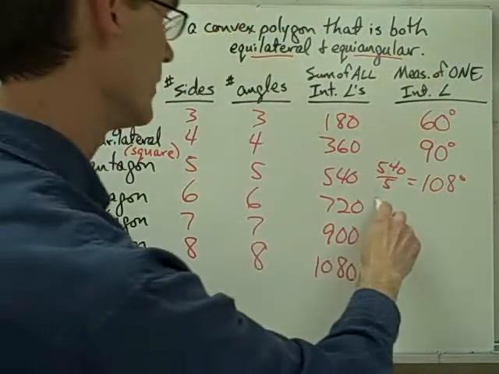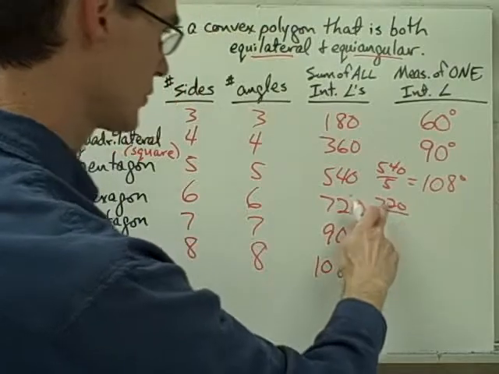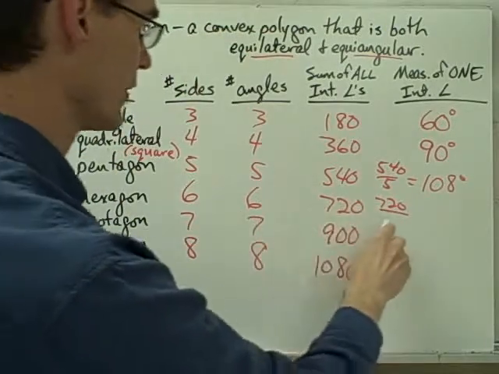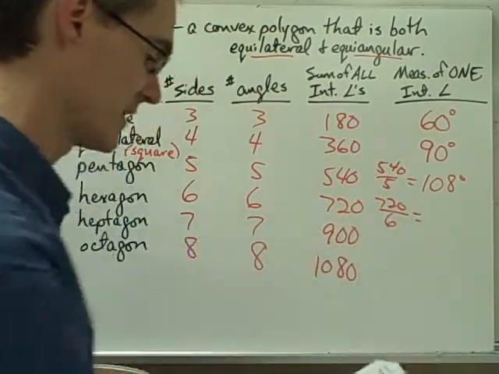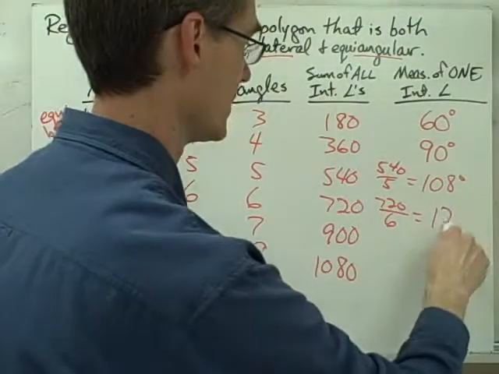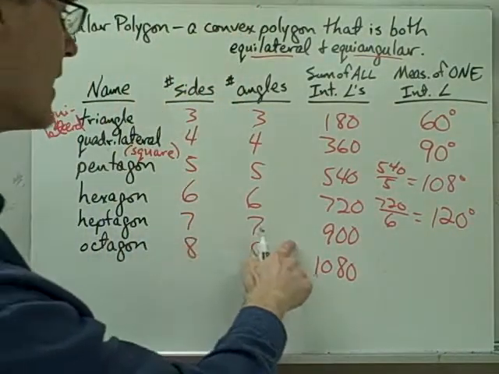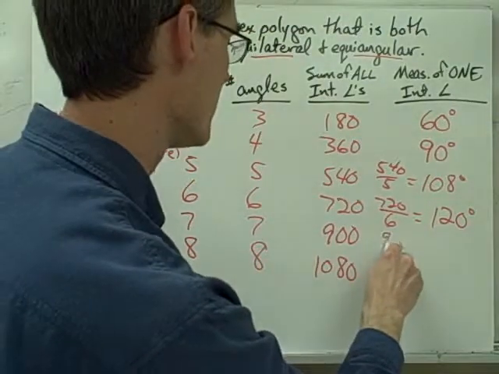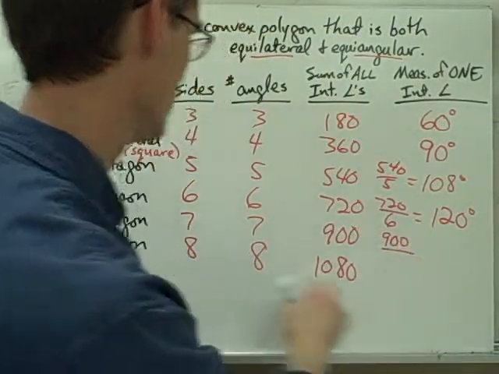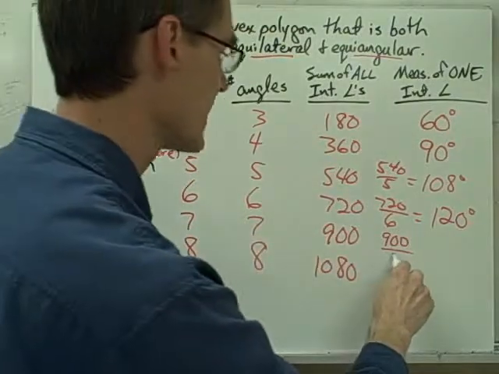For a hexagon, the measure of all the angles is 720. Total number of angles is 6. 720 divided by 6 is 120. For a heptagon, the sum of all of the interior angles is 900. Total number of angles is 7.